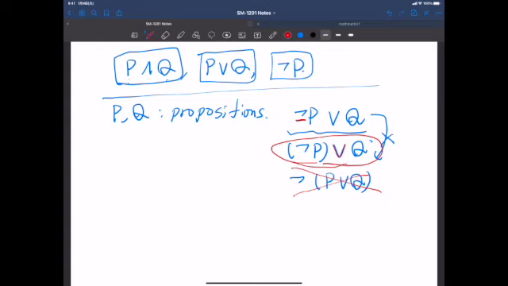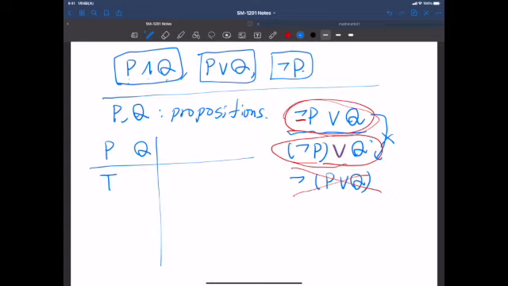Okay. So what's the truth value of this? We can derive the values of this from the truth table, like this. Let's see. So P, Q. These can be either true, true, true, false, false, true, and false, false.